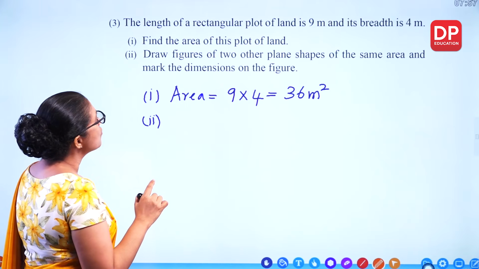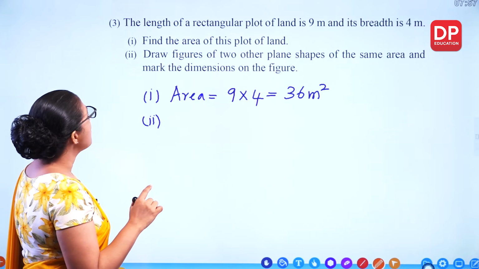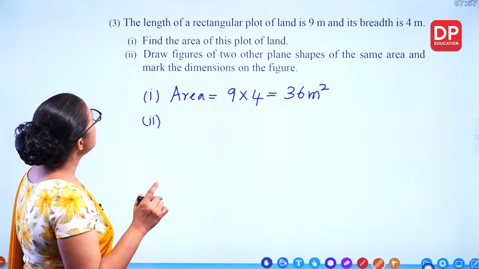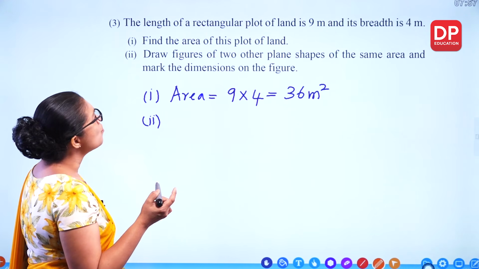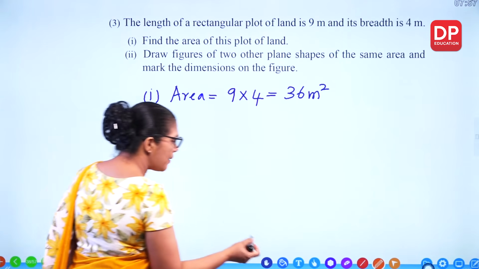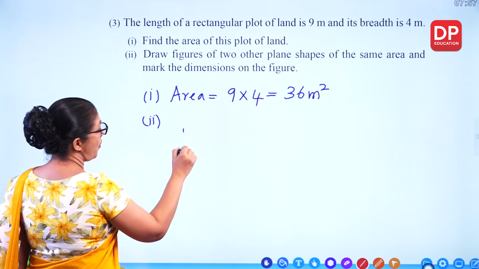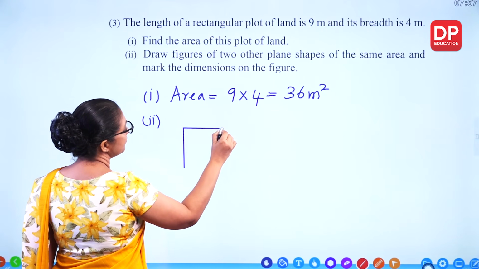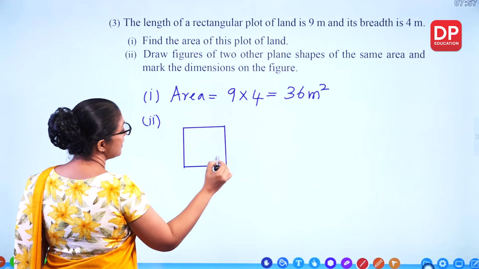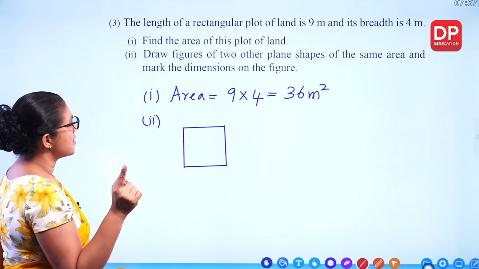Draw figures of 2 other plane shapes of the same area and mark the dimensions on the figure. So you need to draw figures of 2 other plane shapes of the same area. You can draw a square with side length 6, because 6 times 6 is 36.